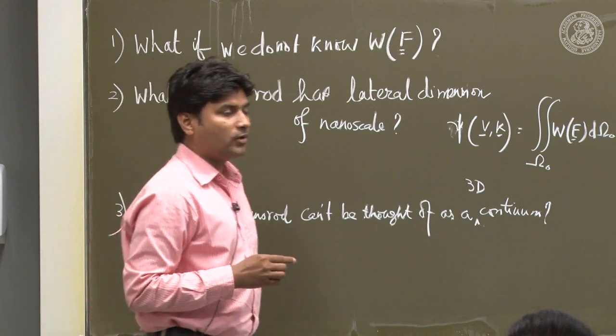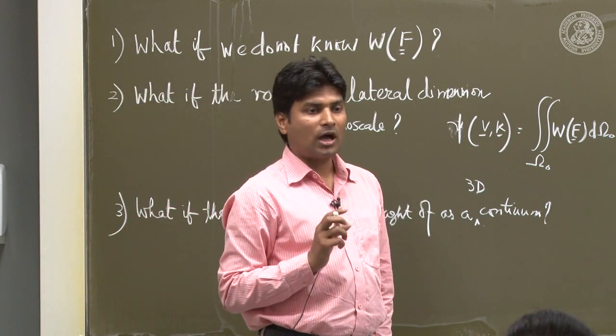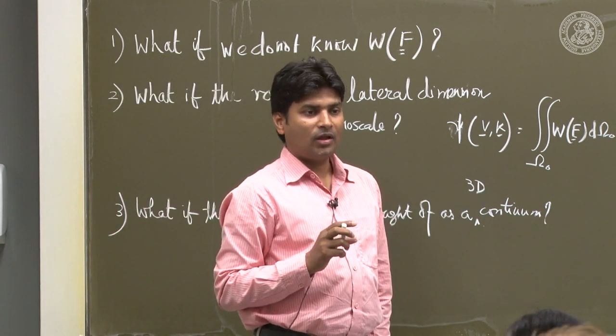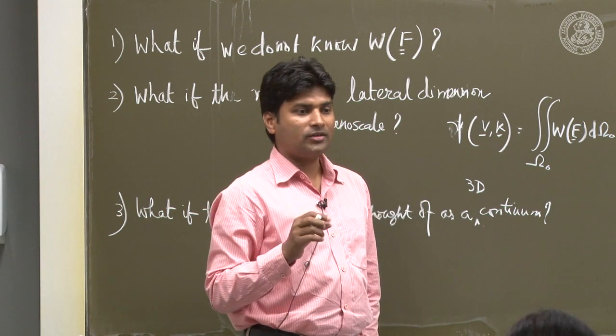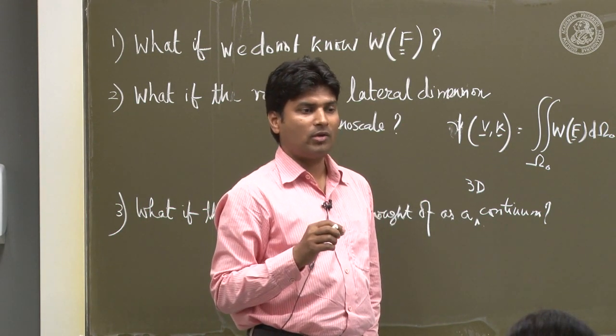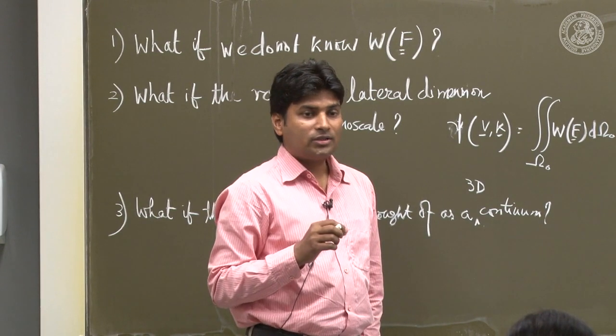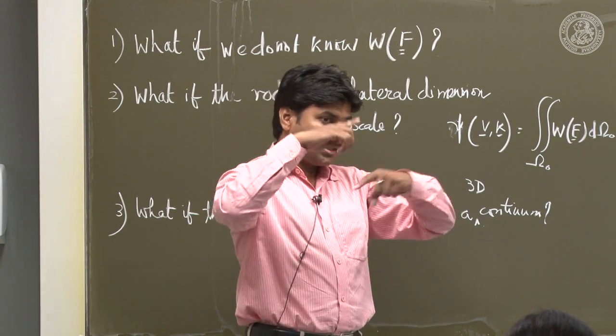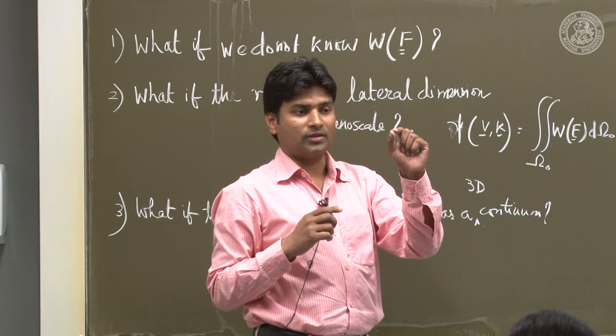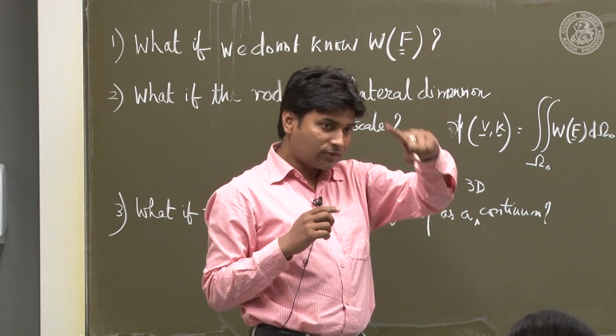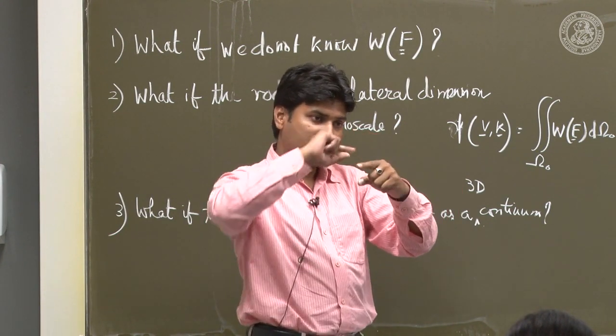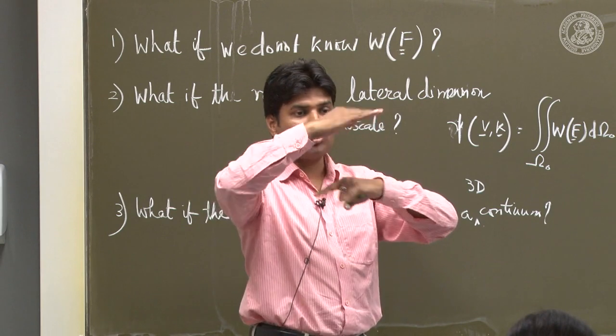You know, for example, when you have a single walled carbon nanotube, you all must have heard about it, right? Single walled carbon nanotube. So, it is such that its surface is just one atomic layer thick. So, on the surface of the nanotube, it is just a grid of one atom.